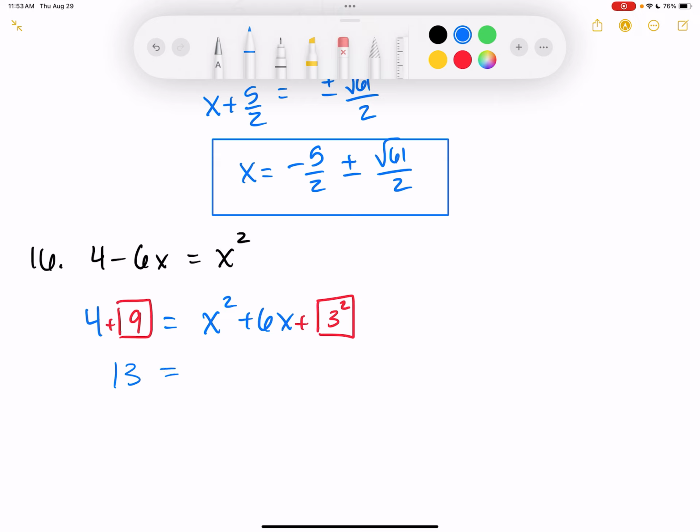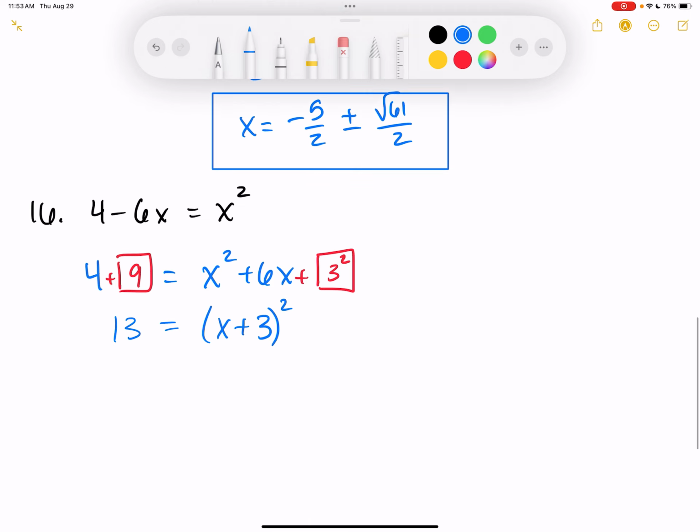What does this factor into on this side? X plus 3 squared. Now what? Square root of 13, plus or minus the square root of 13, equals x plus 3.